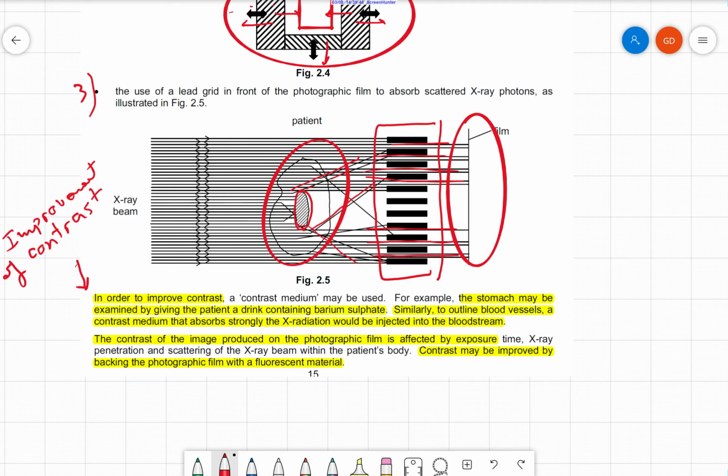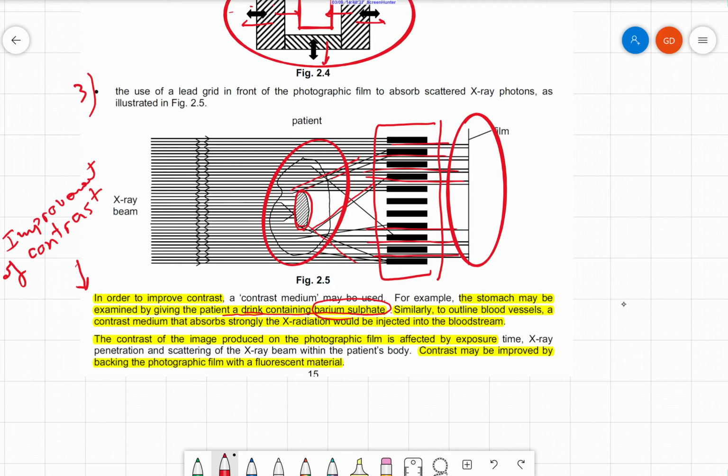In order to improve the contrast, it says here, for example, the stomach may be examined by giving the patient a drink that will interact with the formed image, so that it gives a clear and good contrast image. So we can help the patient by handing him a drink. This drink may contain barium sulfate, which will contribute to the formation of a better contrast image.